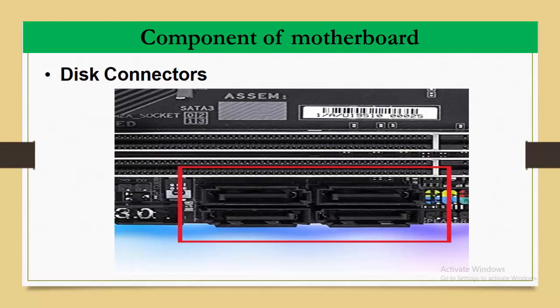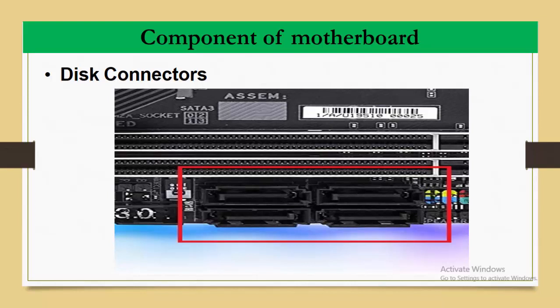One is Integrated Drive Electronics, or IDE connector, or Parallel Advanced Technology Attachment, or PATA, which is the older one. The other one is Serial ATA, or SATA, which is newer and much faster than PATA. PATA has a large number of pins, while SATA doesn't have pins.